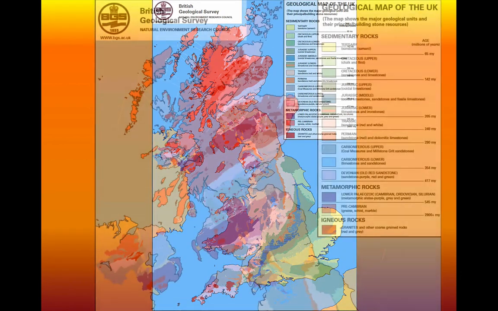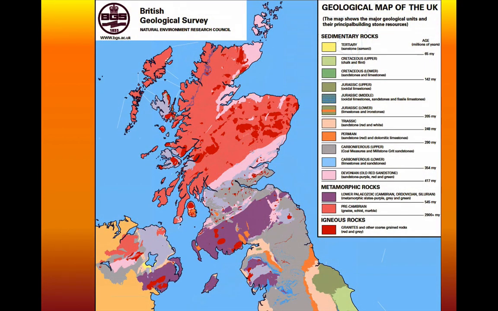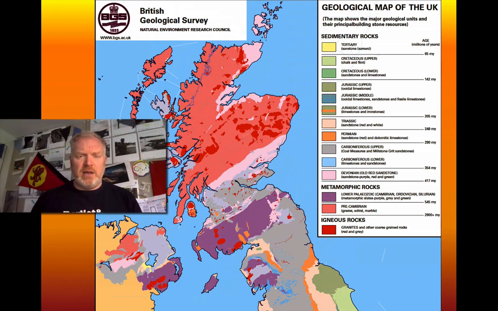If we have a look in a bit more detail at parts of this map, this is Scotland, Northern Ireland and the northern part of England. We have rocks in the far north of Scotland there, Precambrian in age, lots of granites intruded into them. In southern Scotland as well, going over into Northern Ireland, we can see that purple band of Cambrian, Ordovician, Silurian rocks, again with granites intruded.